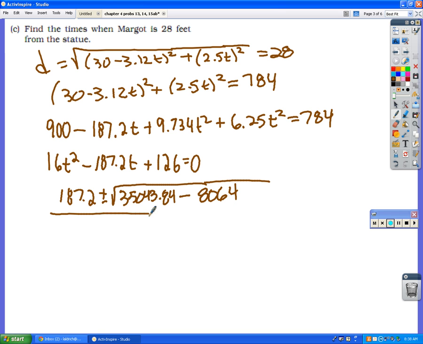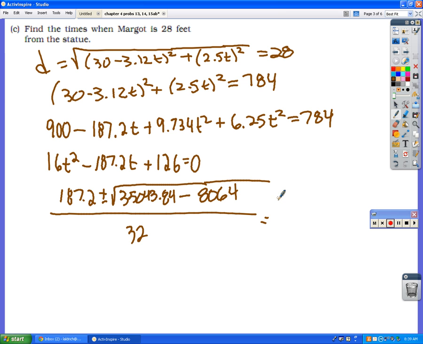Then you take that total and you divide it by 2a. All right, so if we figure out the stuff underneath the square root, 35043.84 minus 8064 equals, and then take the square root of that.